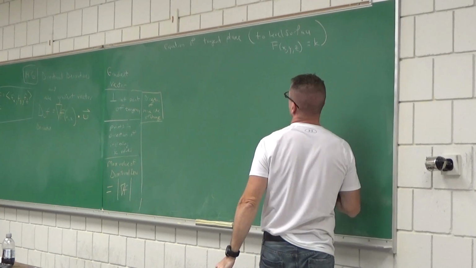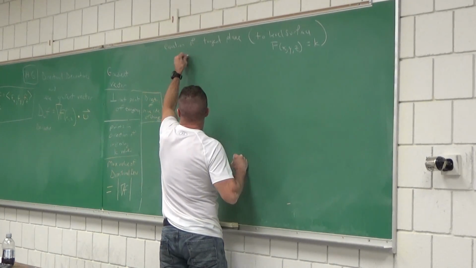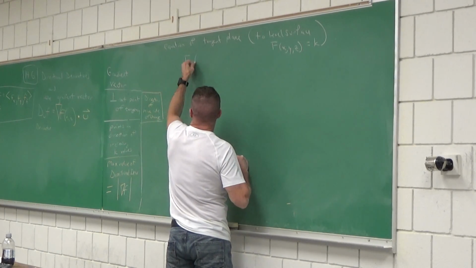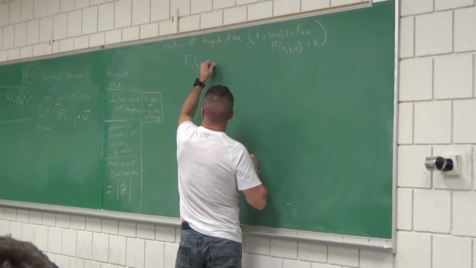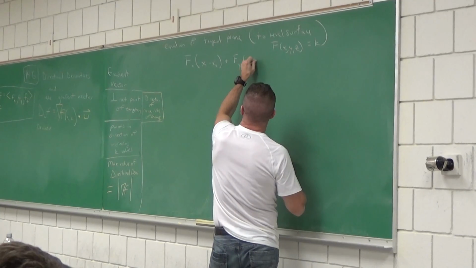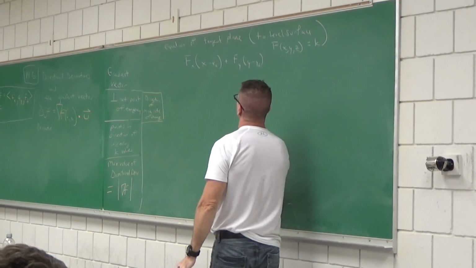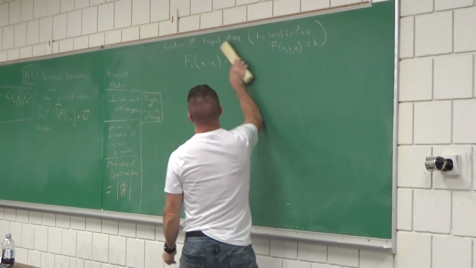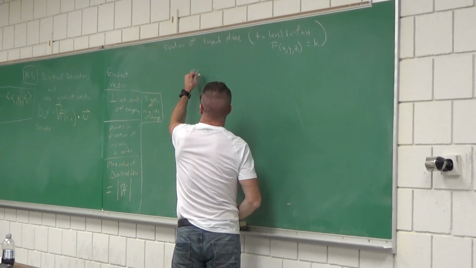Here it is. Fx times x minus x naught, plus Fy.